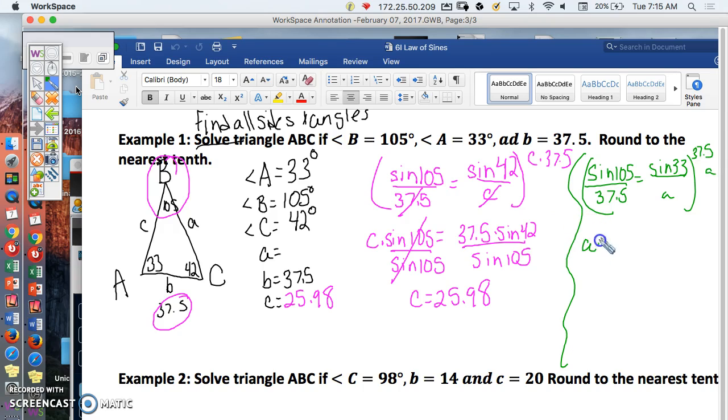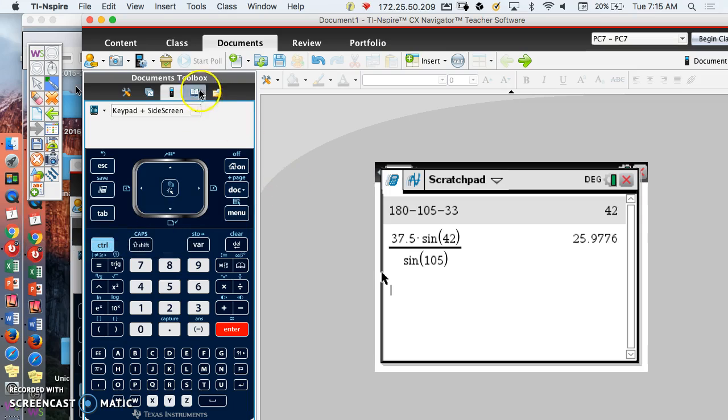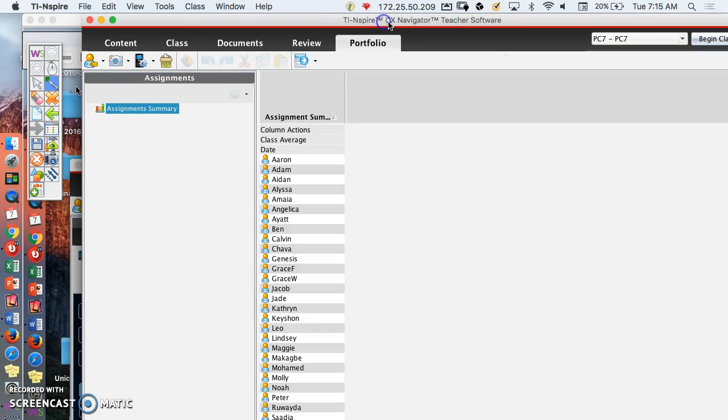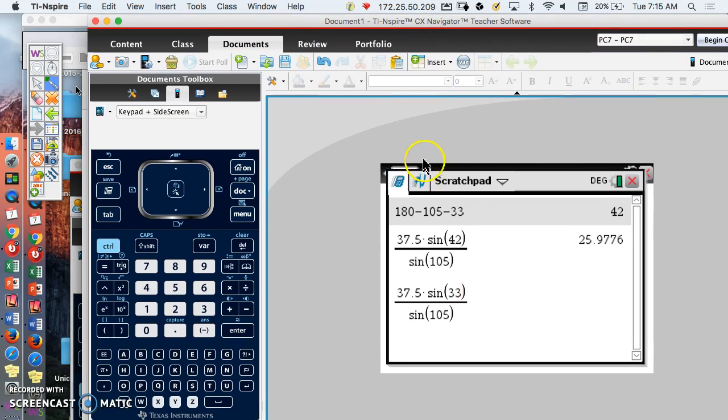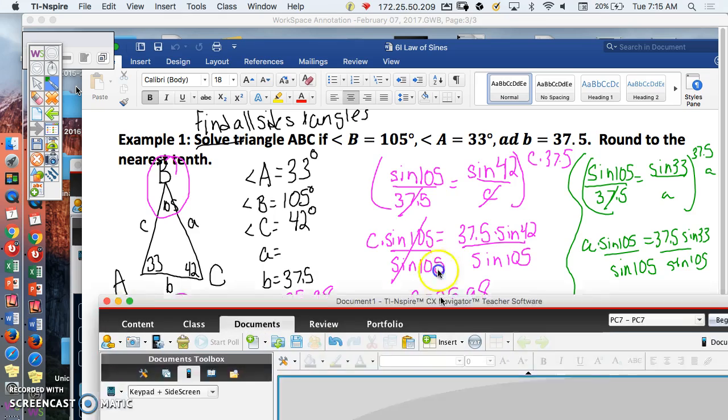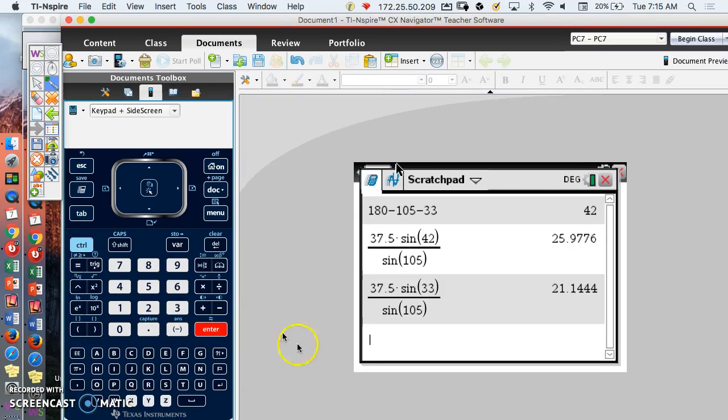So now we have a times the sine of 105 equals 37.5 times the sine of 33, divide by the sine of 105. That's pretty close to the last one, so I'm just going to switch this to a 33. Let's make sure that's what we had there. 37.5 times the sine of 33, yep. And we end up with 21.14.